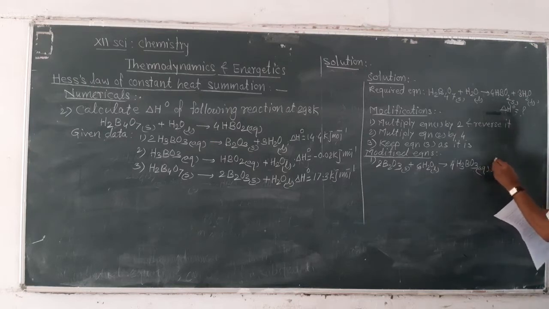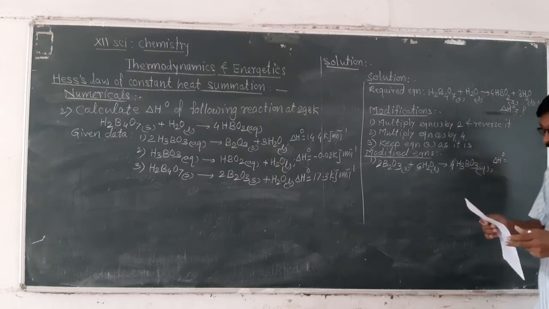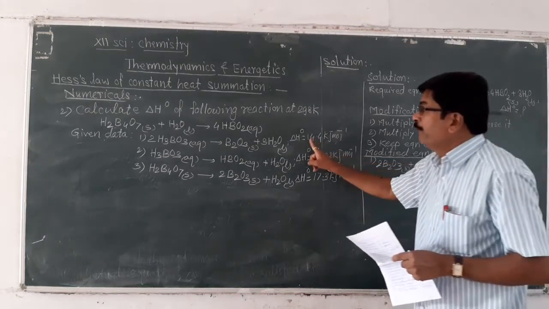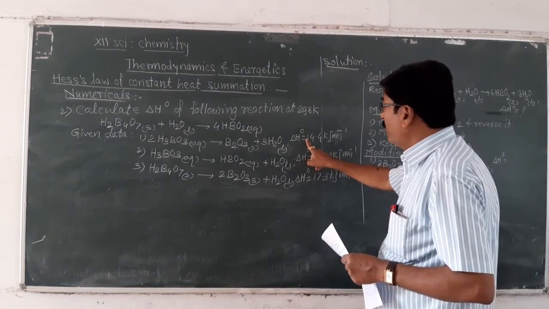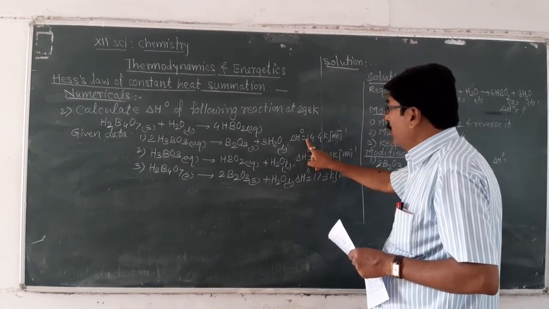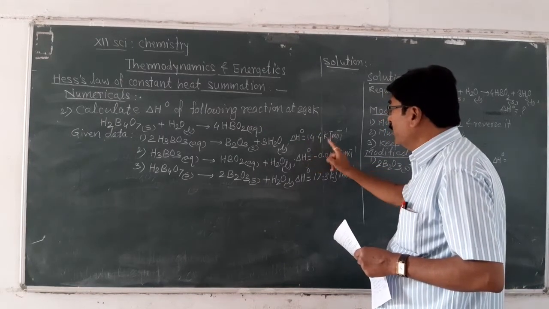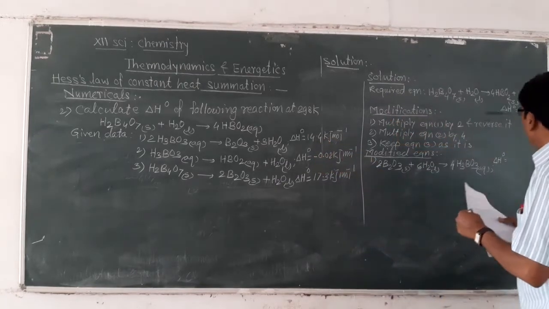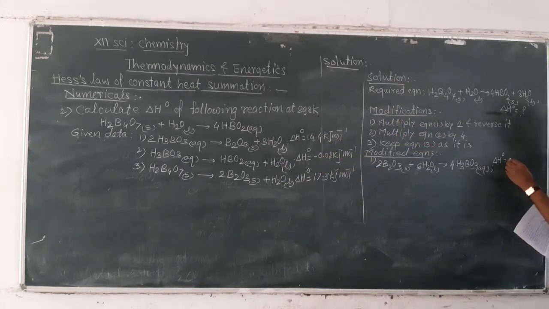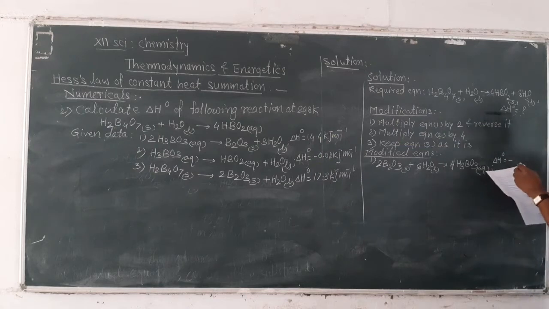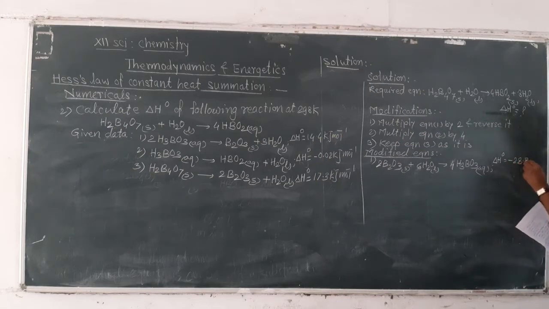On reversing the equation, the sign of the enthalpy of the first equation becomes negative, and after that, multiplied by 2, you will get minus 28.8 kilojoule.